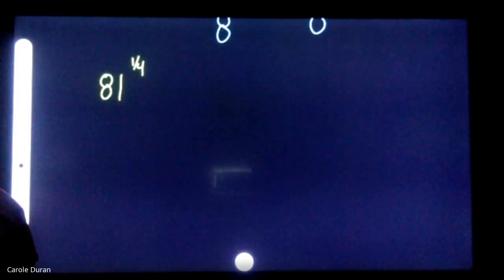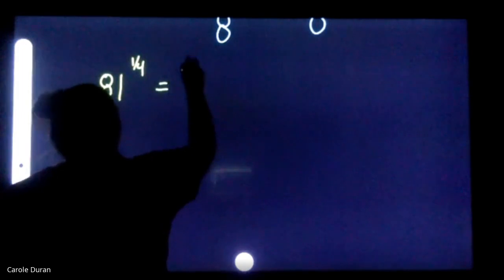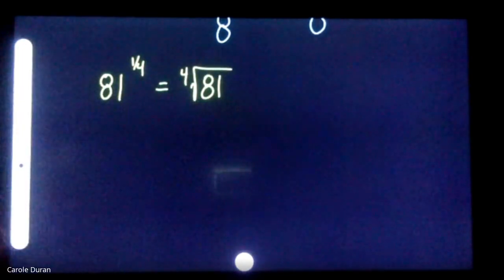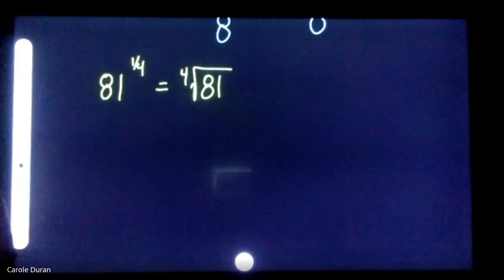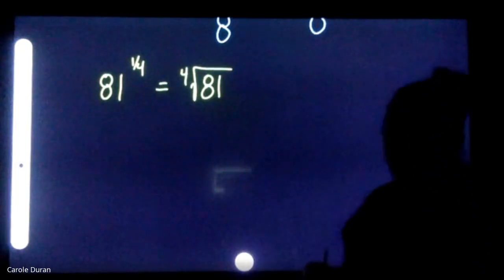Is that when you put the 81 in the square root and put the 4 on the left outside, right? Because I get the 4th root of 81. Correct? Did this help me solve it at all, though? No, not at all. It helped me represent it differently, but it didn't actually help us solve it.